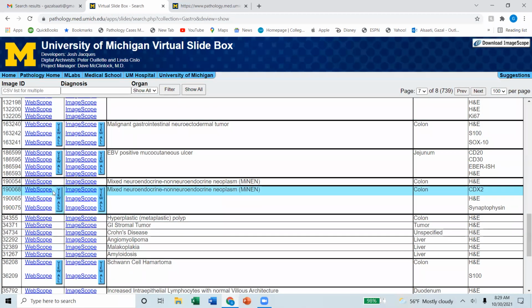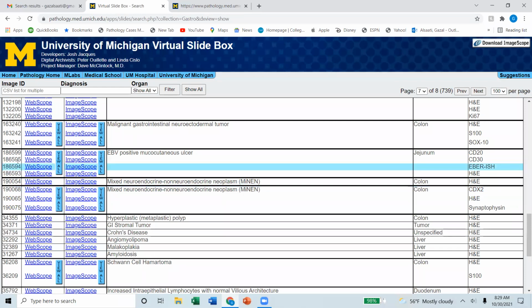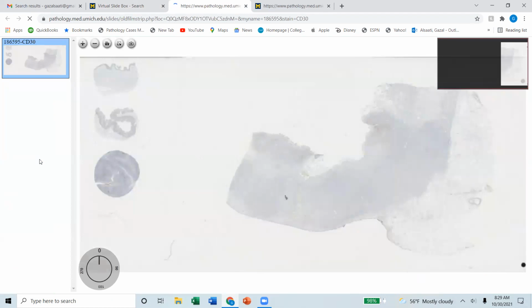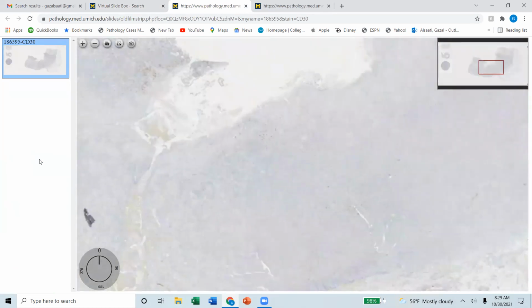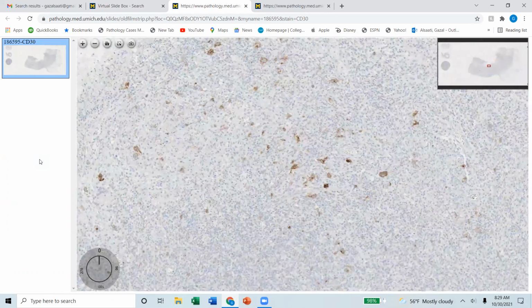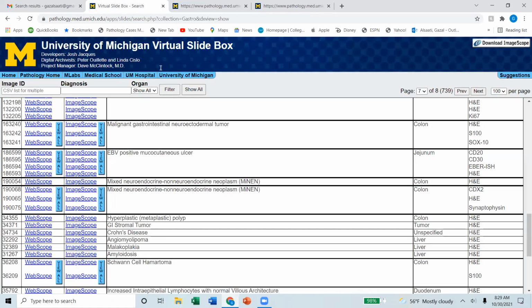So what you do in this case is you do CD30. Yes, there will be immunoblasts admixed in there. So CD30 positive immunoblasts can be seen in these cases. You can see those big cells, admixed in between those T cells, and then you'll see the EBER-ISH.